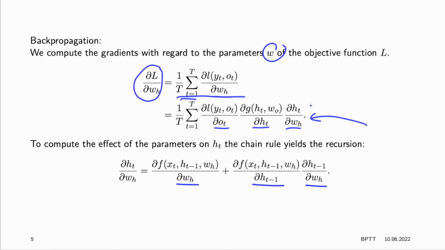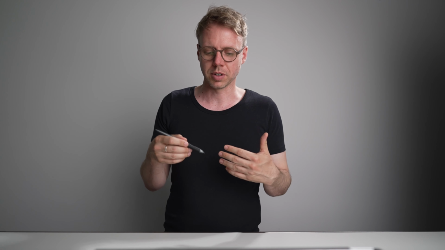So the term dht over dWH requires us to compute dht minus 1 over dWH, which in turn requires us to compute the term dht minus 2 over dWH, and so on and so forth. So we have a recursion. Now let's simplify this term a little bit.